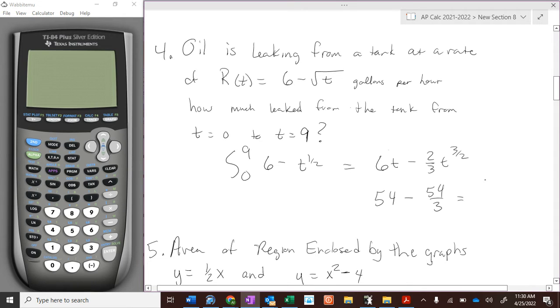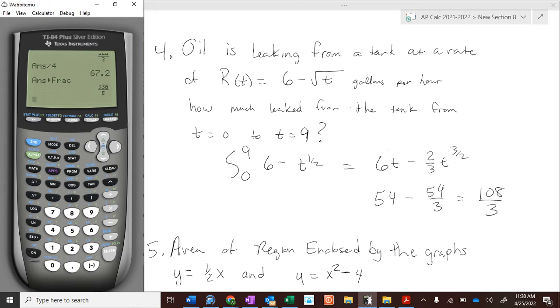Which is 162 minus 54 is 108/3. Okay, I'm just guessing there. We'll see what the calculator says. But I think my guess is probably pretty close.